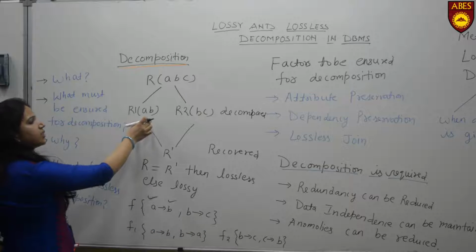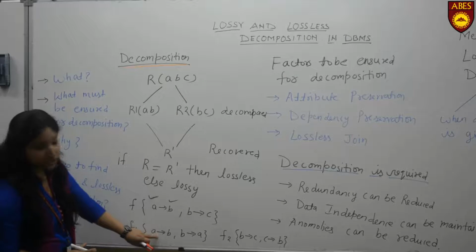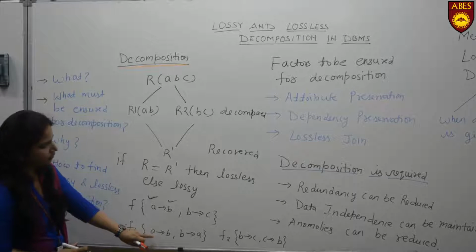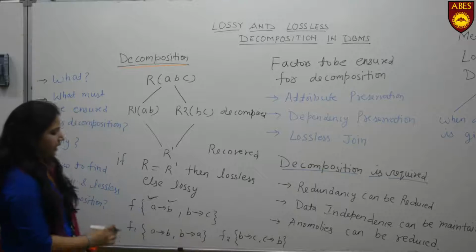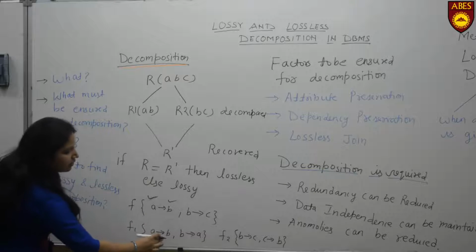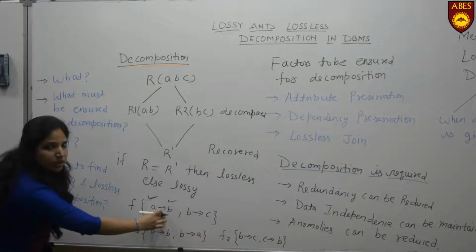In the decomposed relations R1 and R2, if we discover the functional dependencies of R1, we can make FDs of R1 as A tends to B, B tends to A. In this case F1, we are obtaining the functional dependency A tends to B of the original relation.